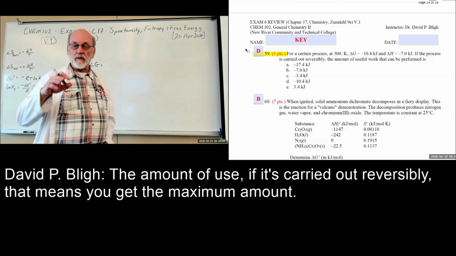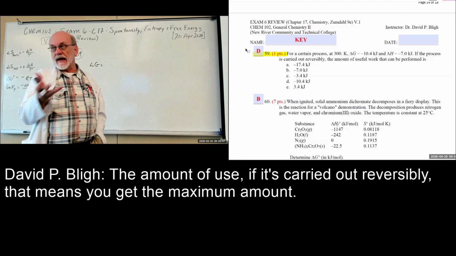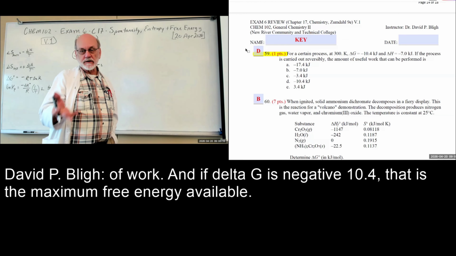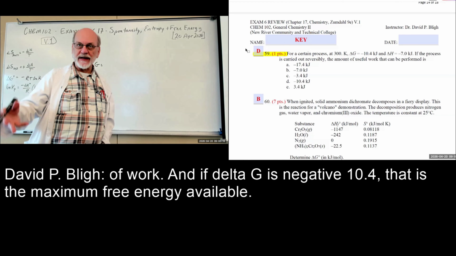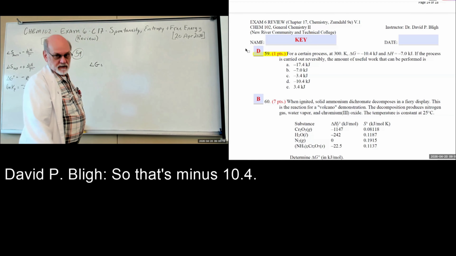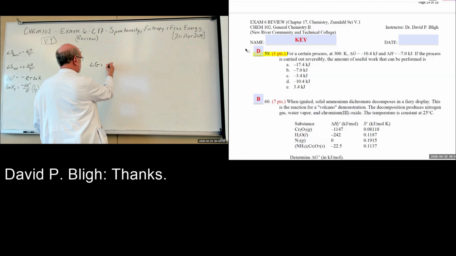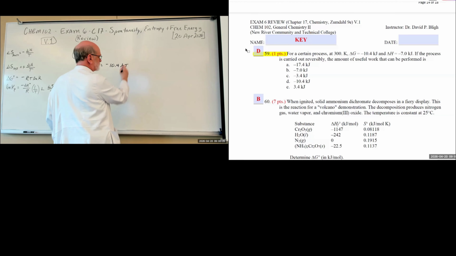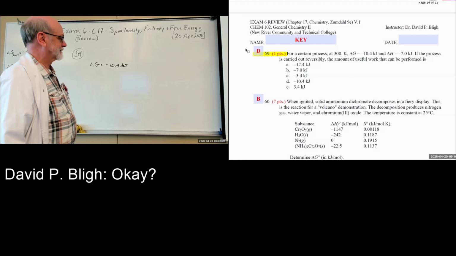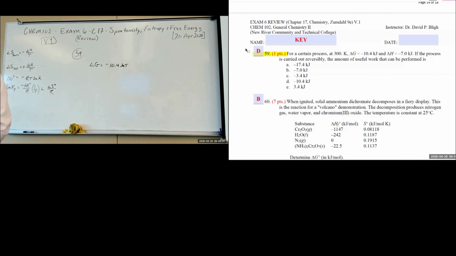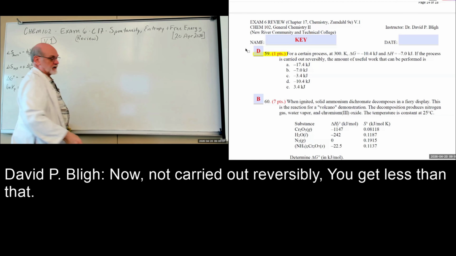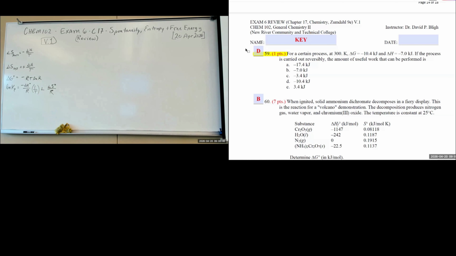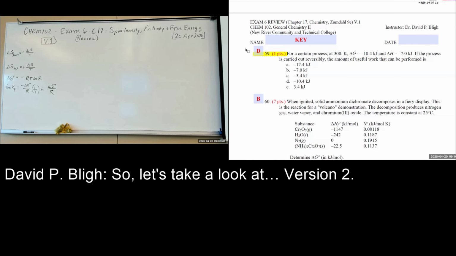If it's carried out reversibly, that means you get the maximum amount of work, and if delta G is negative 10.4, that is the maximum free energy available. So that's 10.4 kilojoules. Okay, that's kind of a trick question. Now, if not carried out reversibly, you get less than that. All right. So let's take a look at version 2.